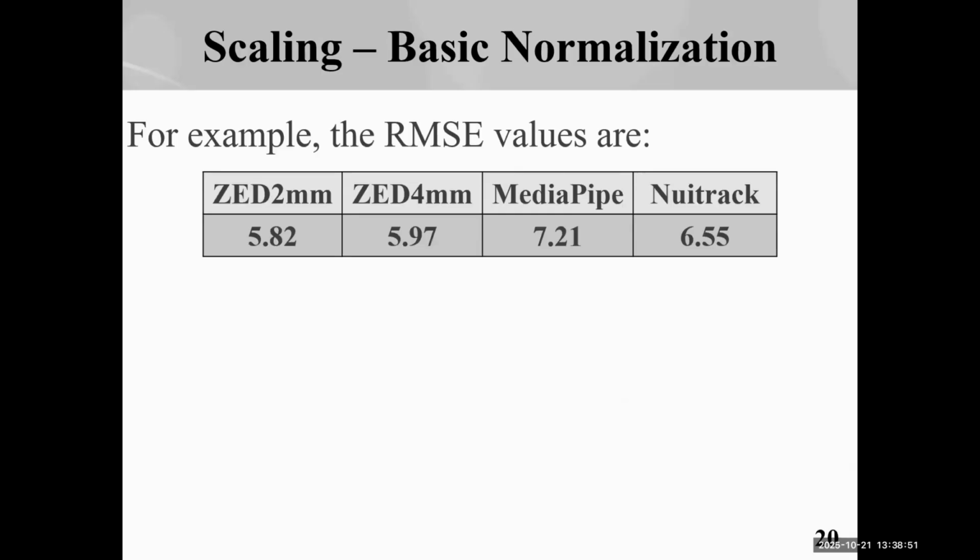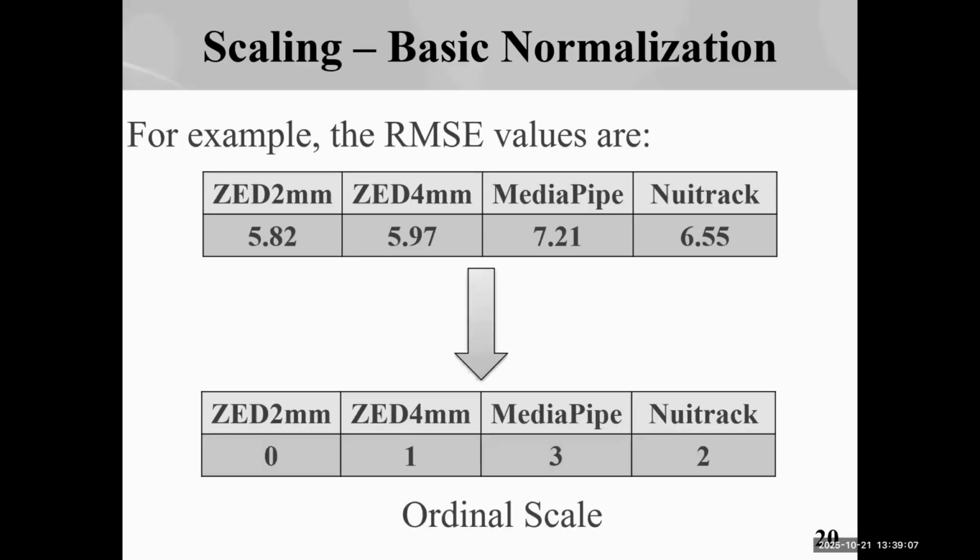The first scaling technique we used, we call basic normalization. Let's say, for example, for a specific feature, we gain the following RMSE values for the cameras. The basic normalization is an ordinal scale, giving 0 to the lowest RMSE and 3 to the highest RMSE, and we get the following result. This scale just tells us which one was better than which.